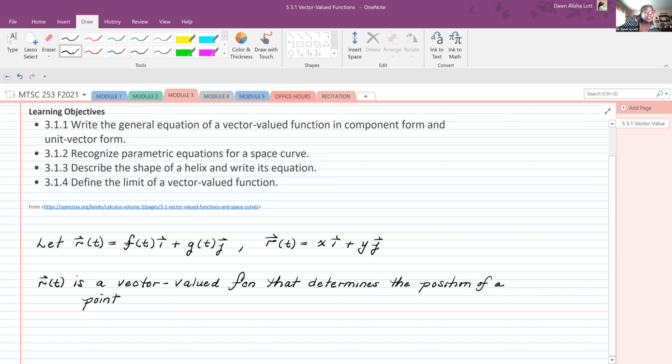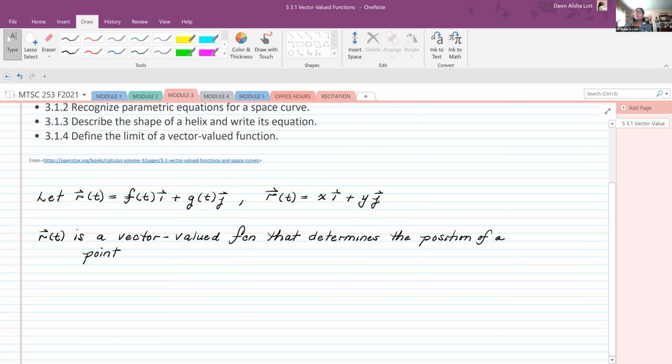Now this should look familiar to you because before, when we were talking about the vector that described a line, we had r of t.